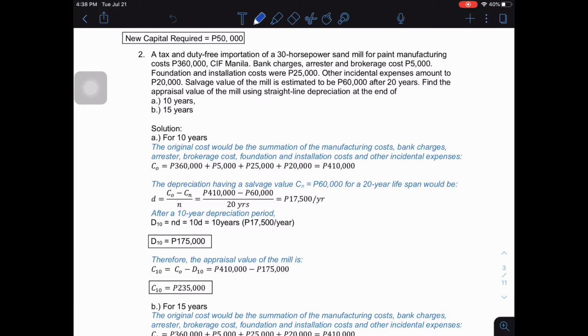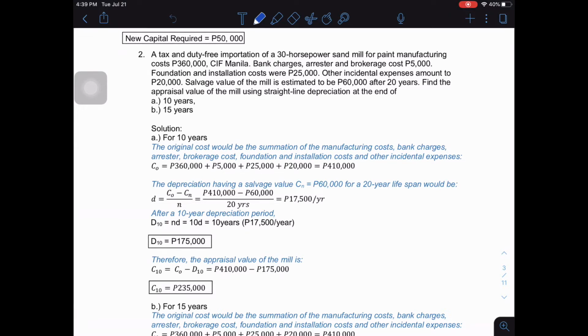Find the appraisal value of the mill using straight line depreciation at the end of 10 years and 15 years. For 10 years, the original cost would be the summation of the manufacturing cost, bank charges, arrester, brokerage cost, foundation and installation costs, and other incidental expenses. So the total of the original cost would be 410,000 pesos. The depreciation having a salvage value of 60,000 for 20-year lifespan, applying the formula, would be 17,500 per year.